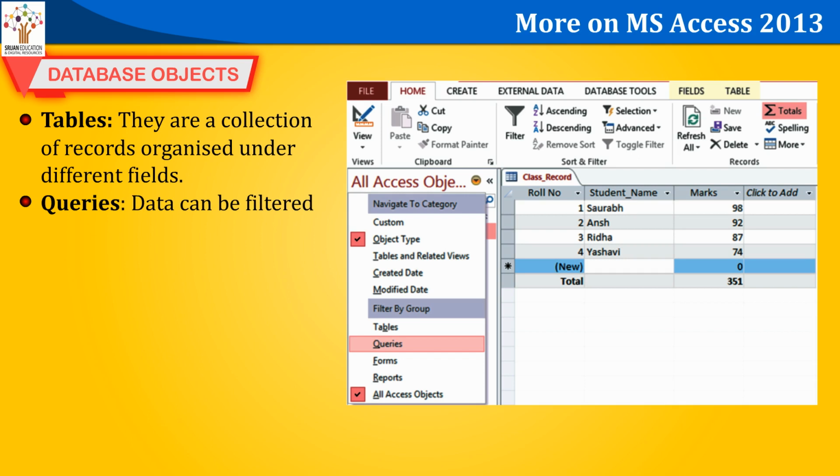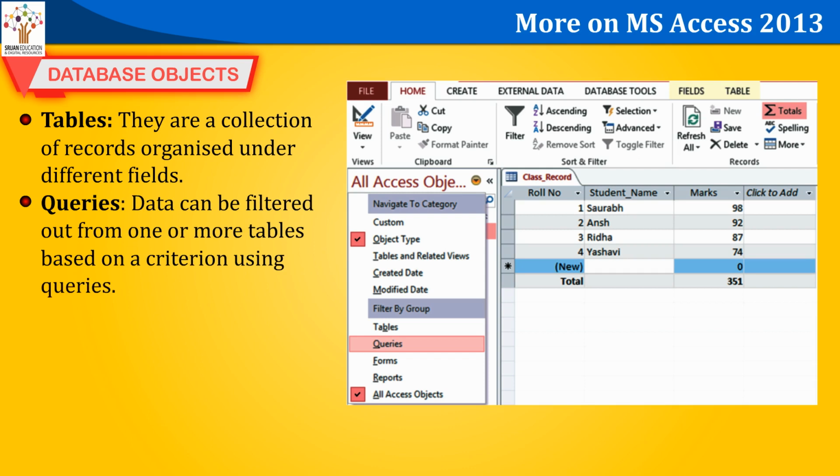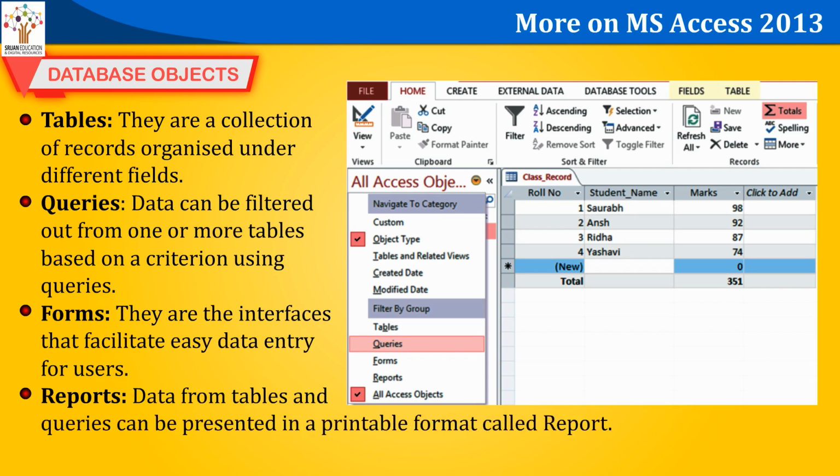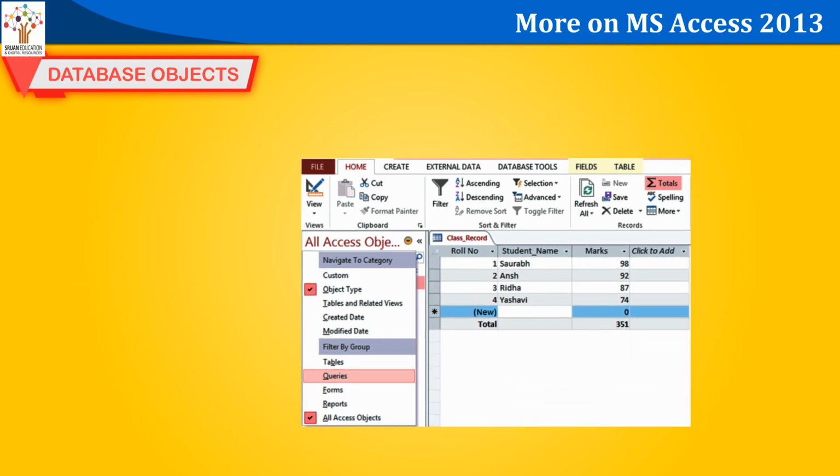Queries. Data can be filtered out from one or more tables based on a criterion using queries. Forms. They are the interfaces that facilitate easy data entry for users. Reports. Data from tables and queries can be presented in a printable format called report.